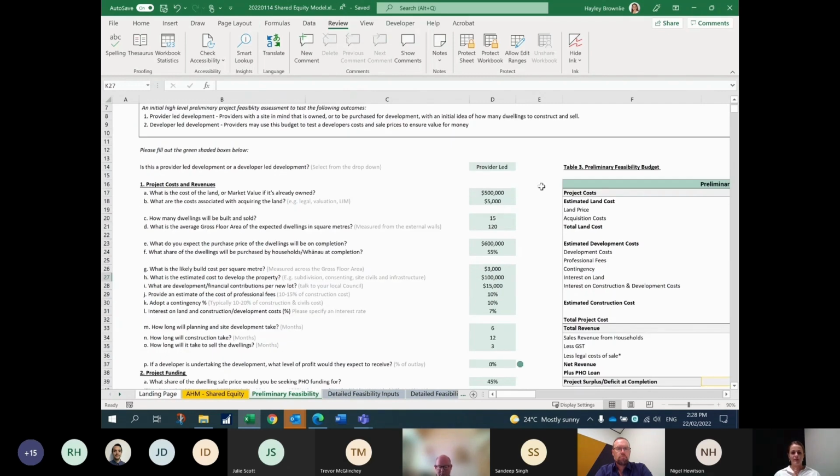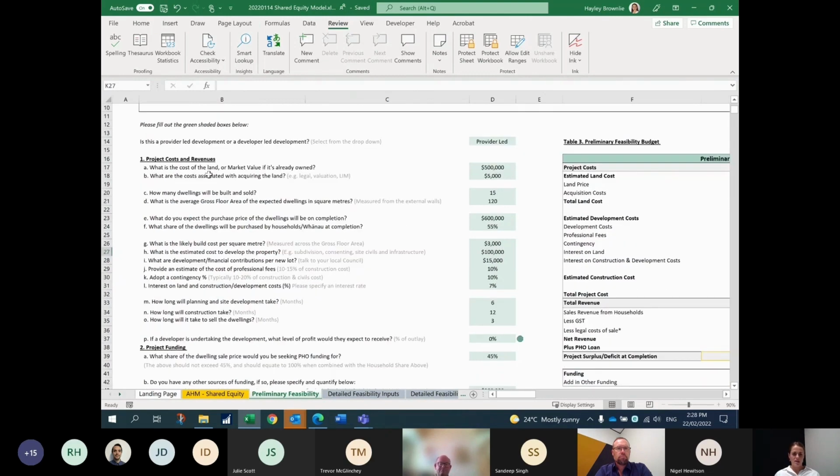So in terms of how this works, you work your way through the inputs here on the left. So selecting whether it's a provider-led or developer-led development, what the costs of the land might be, what the costs associated with acquiring the land might be. If the land's already owned, you can put an estimate of market value in there.